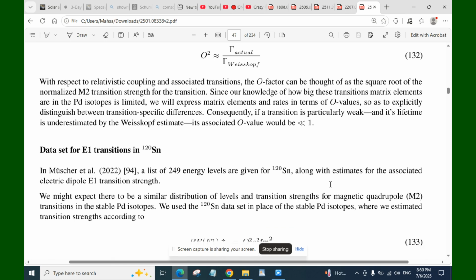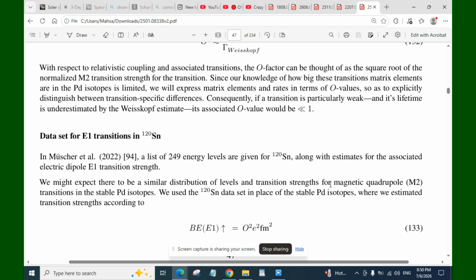In the dataset for E1 transitions in Sn-120 in Moshe and his colleagues 2022, reference 94, a list of 249 energy levels is given for Sn-120, along with estimates for the associated electric dipole E1 transition rate. We might expect there to be a similar distribution of levels and transition strengths for magnetic quadrupole M2 transitions in stable palladium isotopes.